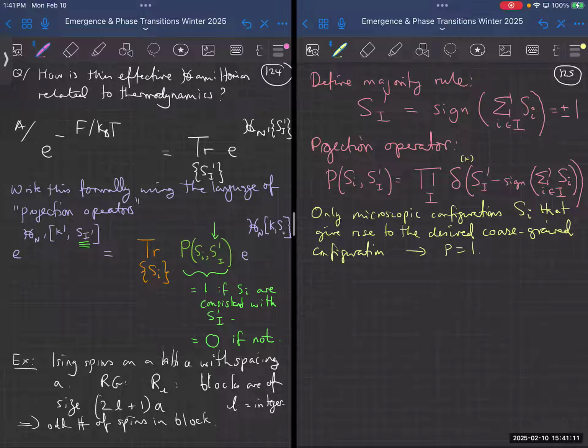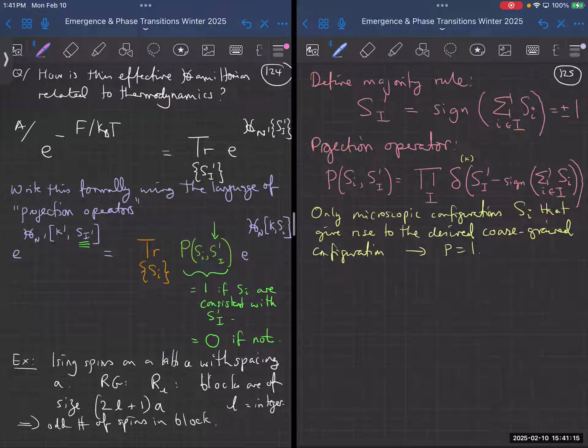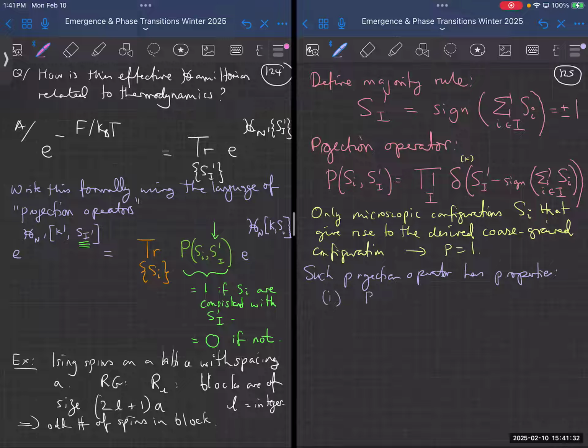Okay, so let's have a look at the properties of this projection operator. The first property is pretty obvious: P of Si prime is greater than or equal to 0.